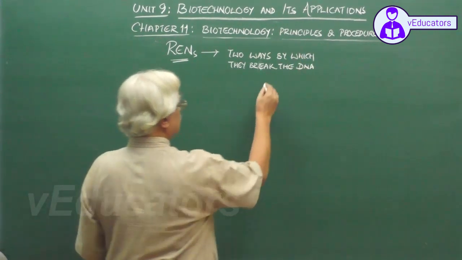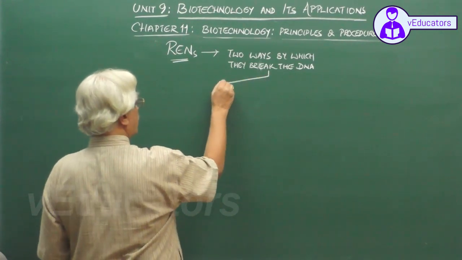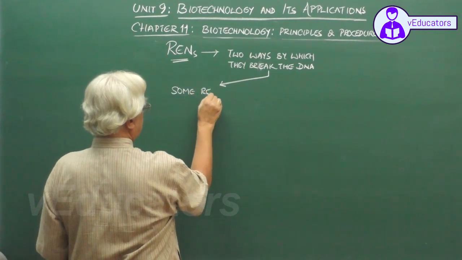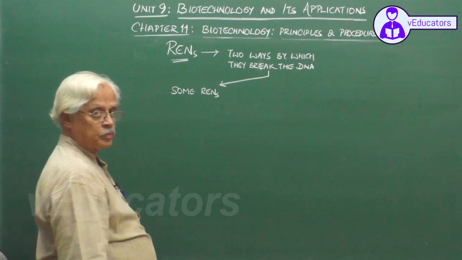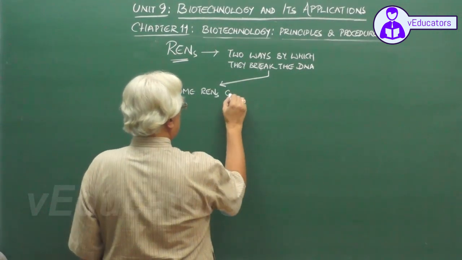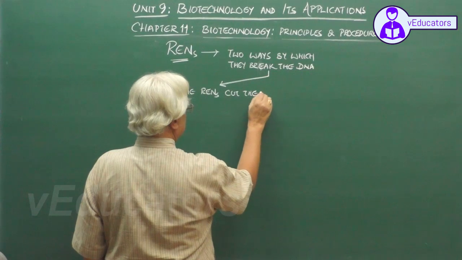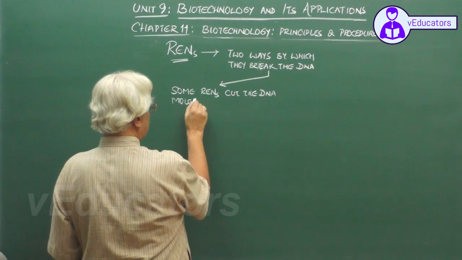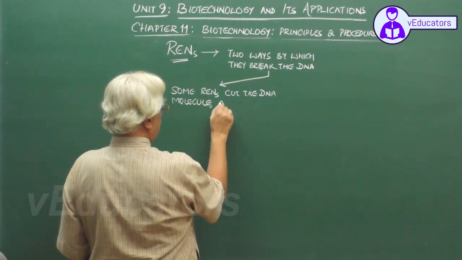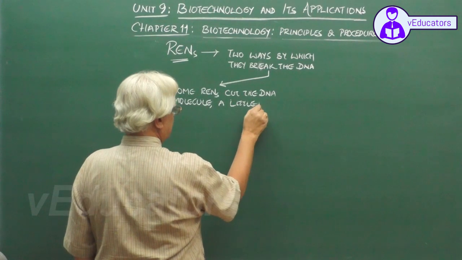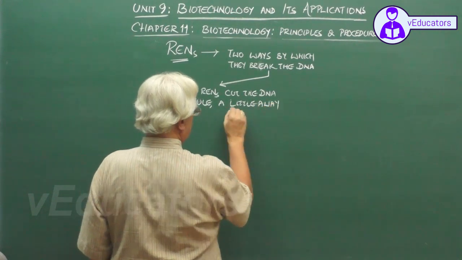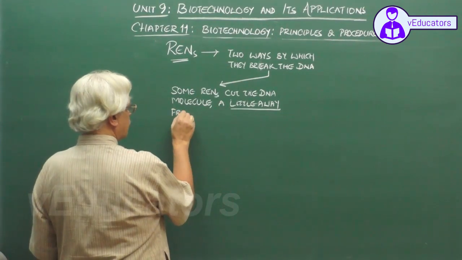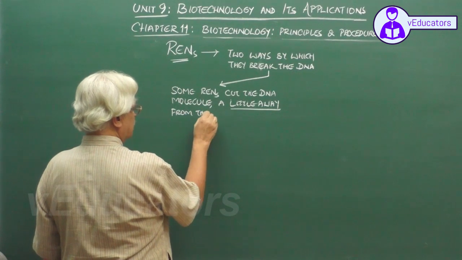Some restriction endonucleases cut the DNA molecule a little away from the palindrome sequence.